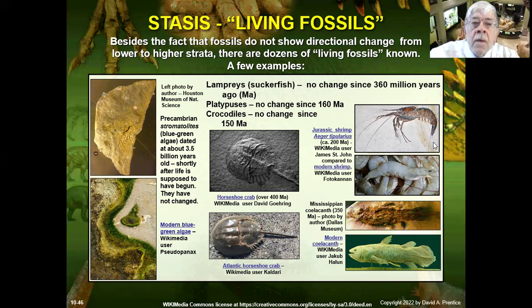For instance, you can see stromatolites, blue-green algae, that are dated about 3.5 billion years old. They're the same today. They haven't evolved in 3.5 billion years. So blue-green algae haven't evolved, shrimp haven't evolved, horseshoe crabs haven't evolved. The coelacanth, which is a fish that was thought to be extinct, they haven't evolved either in supposedly 75 million years.